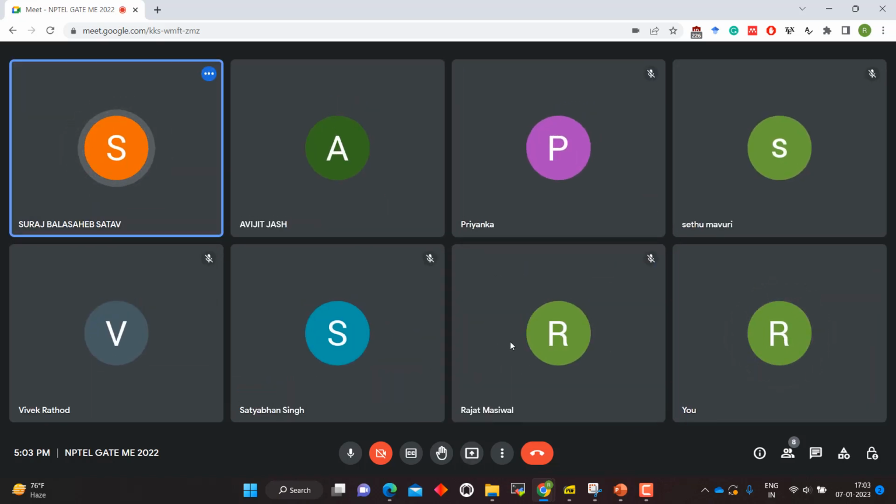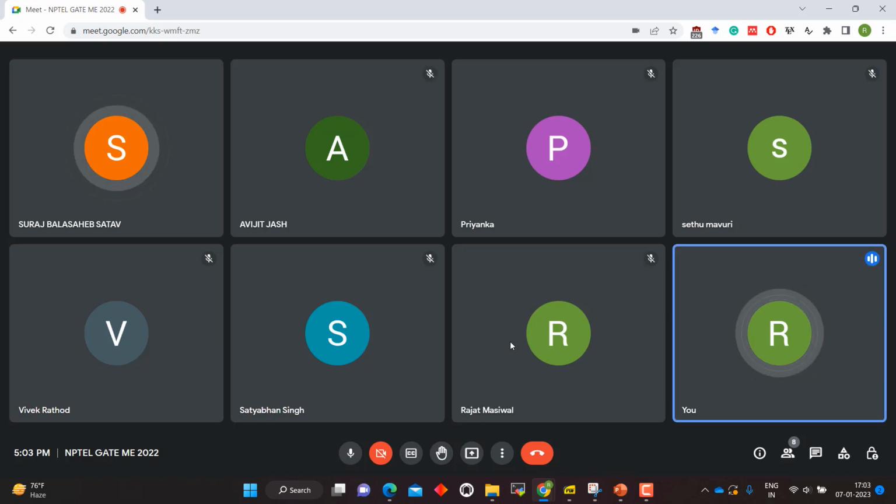Okay, sir. And from model and prototype, is there any other concept other than dynamic similarity where Reynolds numbers are equal? Yes, in model and prototype you can have things based on different kinds of non-dimensional numbers. Most of the time we have only talked about Reynolds number in our sessions, but there is something called the Froude number, and there is something called the Rayleigh number.